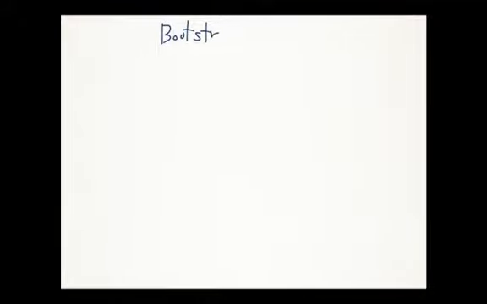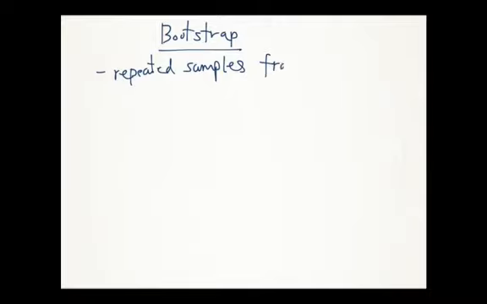We're going to define what this means, but it's key to know that when we do the bootstrap, we take repeated samples from the data that we have, repeated samples from the data with replacement.